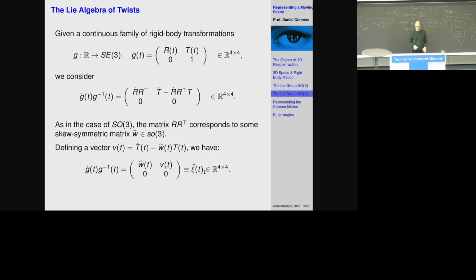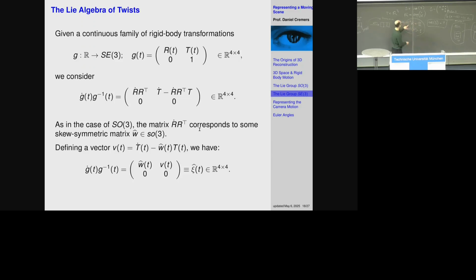How do we do it? Well, what we do is quite an analogy to the thing we did with SO3. In SO3, we considered the matrix R dot R transpose. You remember we did that, we derived it.